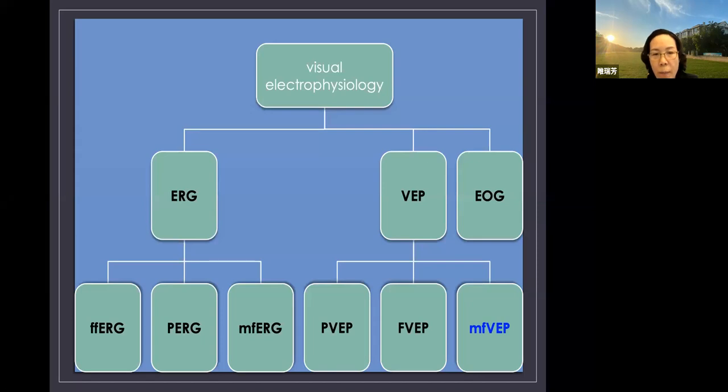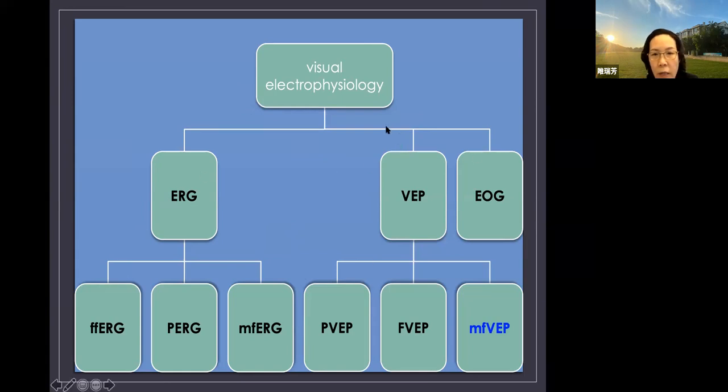When we mention pattern, it means the stimulus is not a flash. When we mention flash, it means the stimulus is a flash of light. For multifocal ERG or multifocal VEP, the stimulus is a very special pattern.